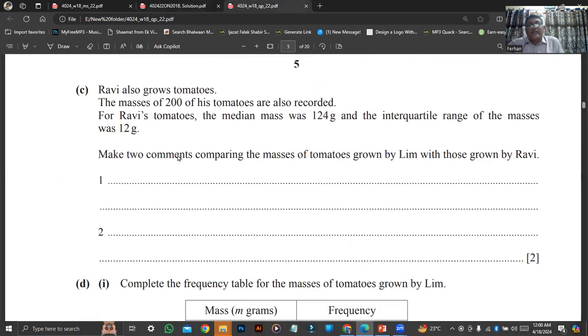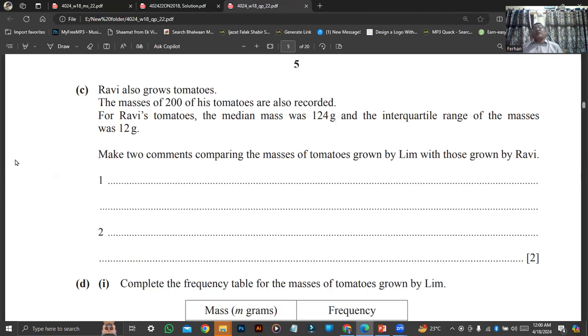Okay. Then we have question number 2, C part. It says Ravi also grows tomatoes. The masses of 200 of his tomatoes are recorded. For Ravi's tomatoes, the median mass was 124 gram, and the interquartile range of the masses was 12 gram.